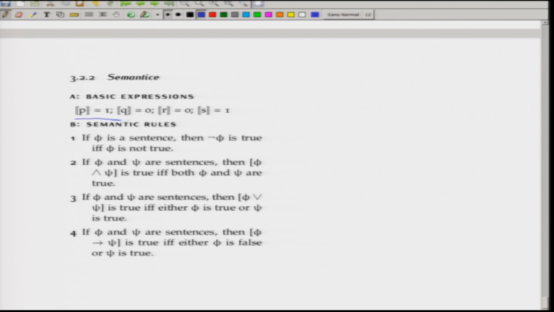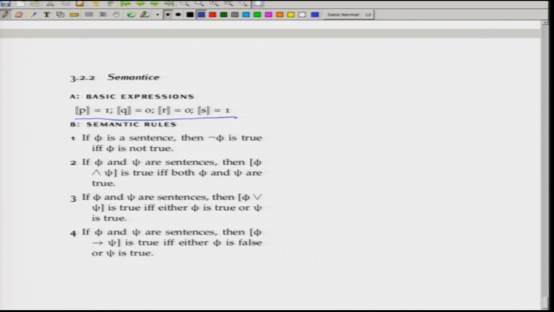So, you have these basic expressions, that is here you have just propositions and they have their truth values. So, the semantics of each I have given. So, basically you could also write the semantic rules for just propositional calculus, where the propositions are not broken into predicates and subjects.